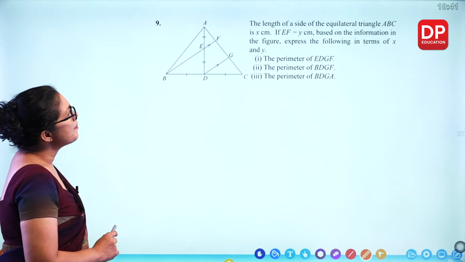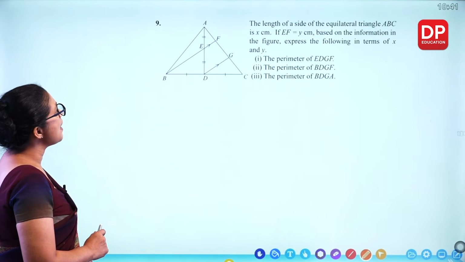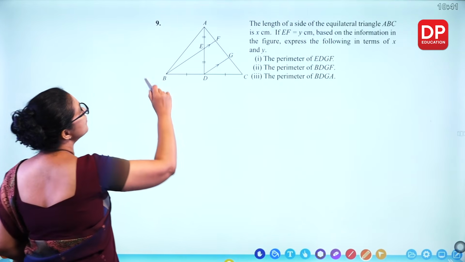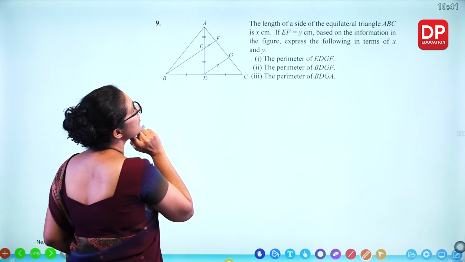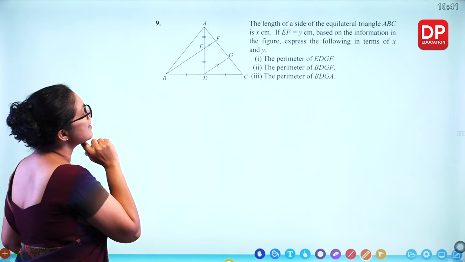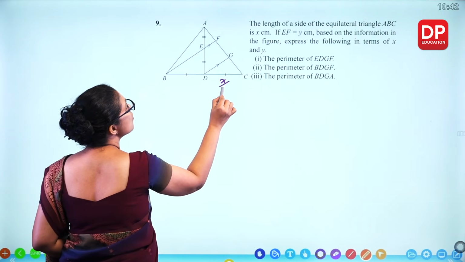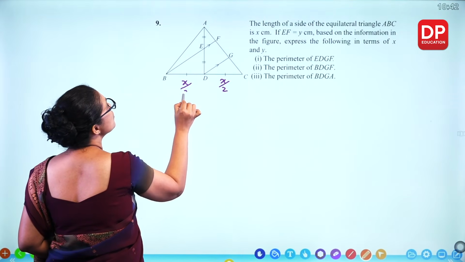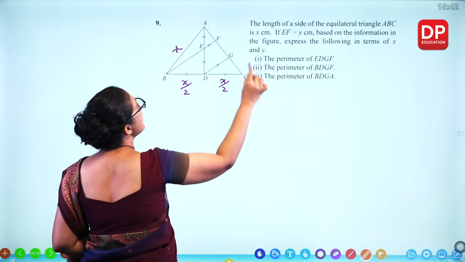Question number 9. The length of a side of the equilateral triangle ABC is x centimeters. So all sides are equal. It says the length is x. So if this length is x, what is this one? x over 2, x over 2. This is x and this is also x.